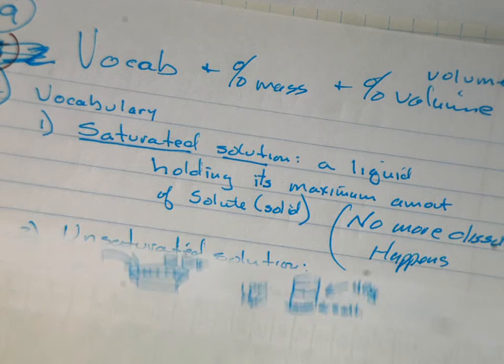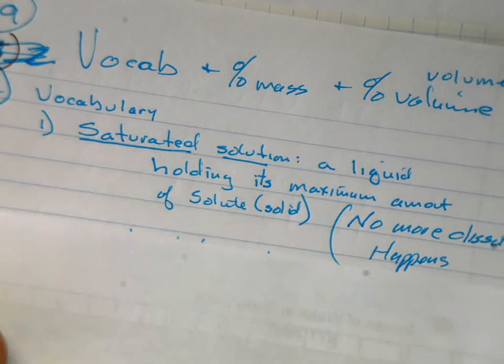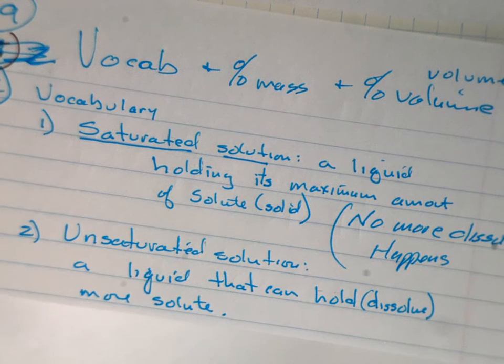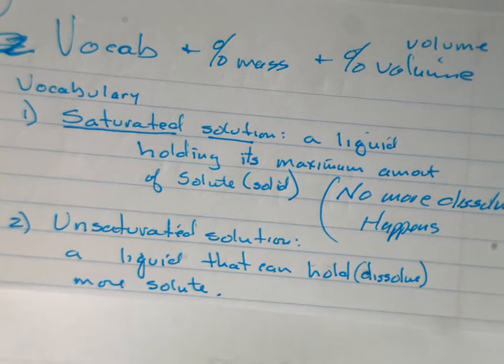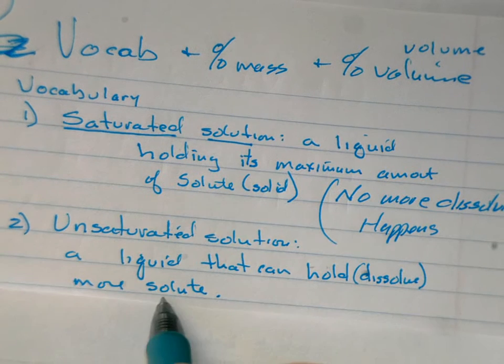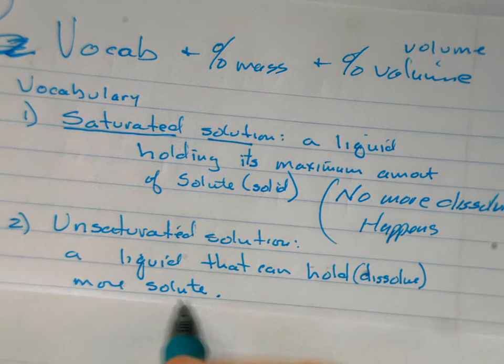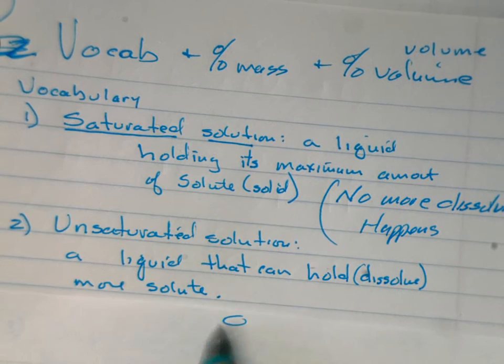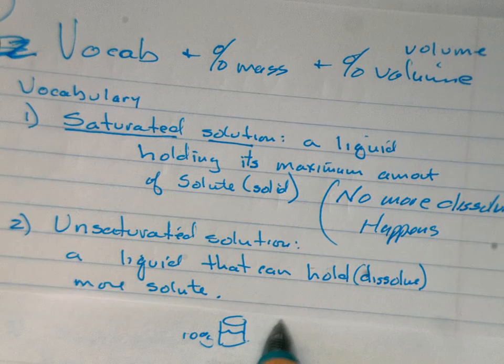Wait, is it? Now, so now the opposite of that is going to be an unsaturated solution. An unsaturated solution. That is going to be a liquid that can hold more solute, or dissolve more solute. When I first had you pour your salt into your 100 grams of water, I asked you to pour about half of it.